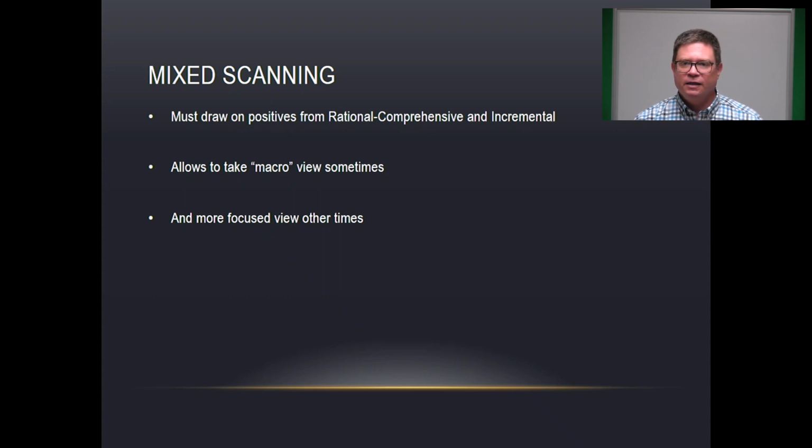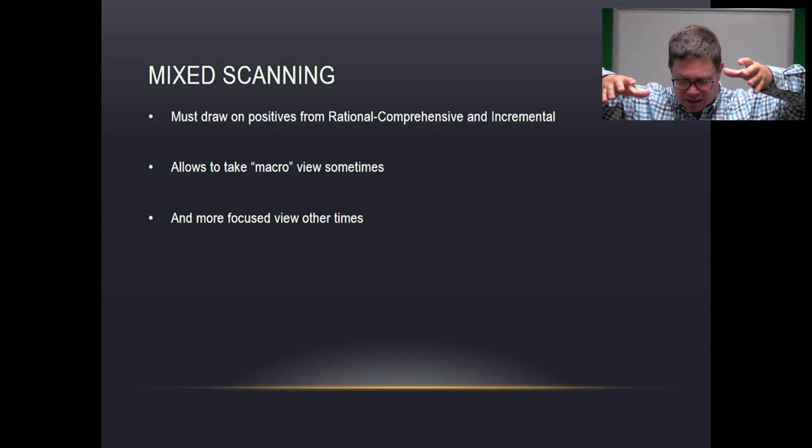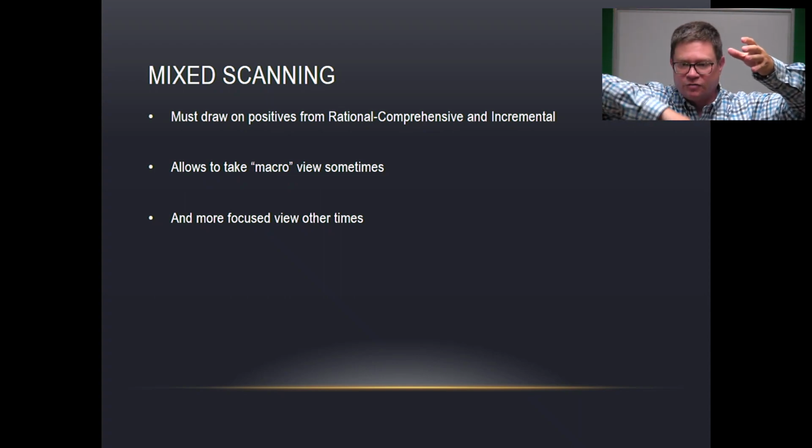And then finally, from a guy named Amitai Etzioni, is an idea of mixed scanning. And this is somewhat of a compromise between the rational comprehensive theory and the incremental theory, right? So essentially what we should do is take a macro and a micro view. We take the 30,000 foot view of a public policy, look down, look at a couple of alternatives, right?